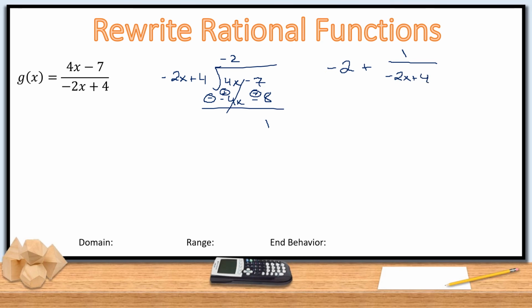All right, so good so far. We've got g of x equals 1 over. Now notice with my divisor that -2 could be factored out of this to leave me with x minus 2. That's what we need to do here because that's actually our b value. So we got -2 times x minus 2.